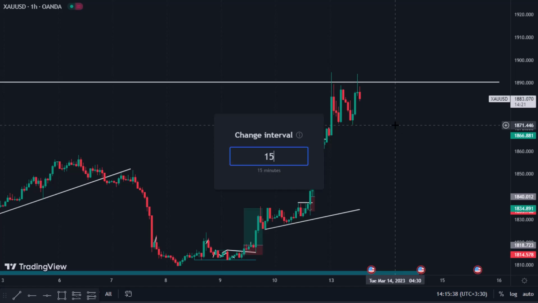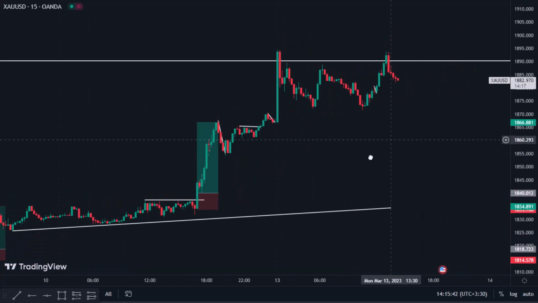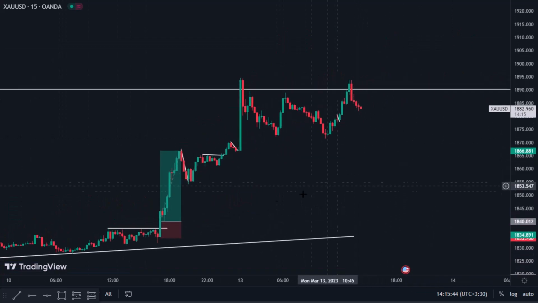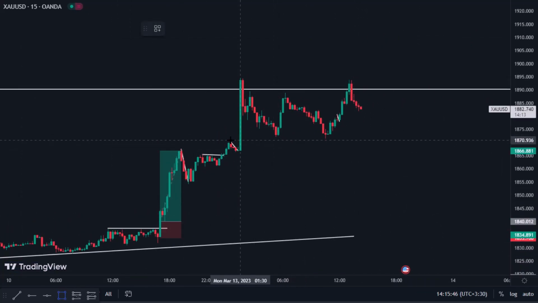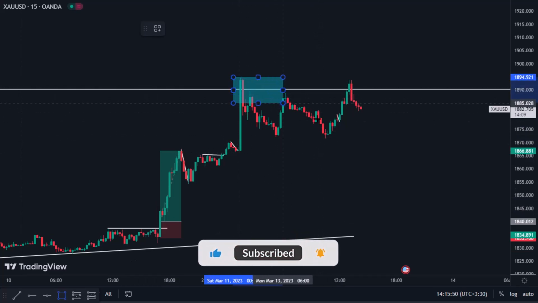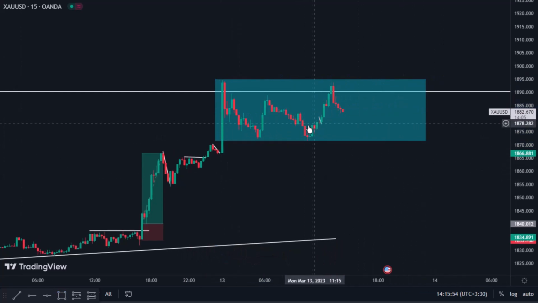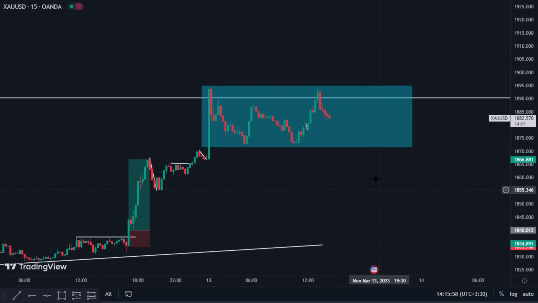Let's switch to the 15-minute time frame. Here we can see some upward and downward moves, which shows that we are in a range like this. If we see a breakout of this box, we can see the price move in that direction.